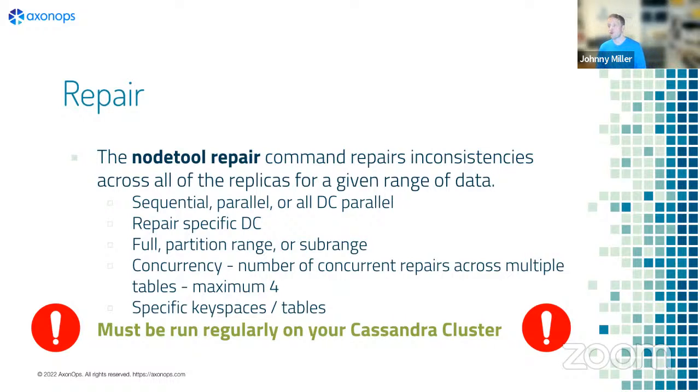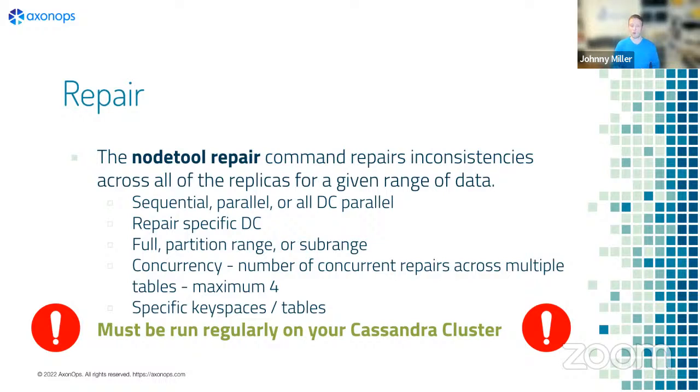Now, how you run repairs is really important, because this is a complicated activity. It involves running a variety of commands on all of your nodes. And really the goal of the repair is to fix inconsistencies in your replicas of data across all of the nodes and data centers in your cluster. There is a wide variety of ways of running repairs.